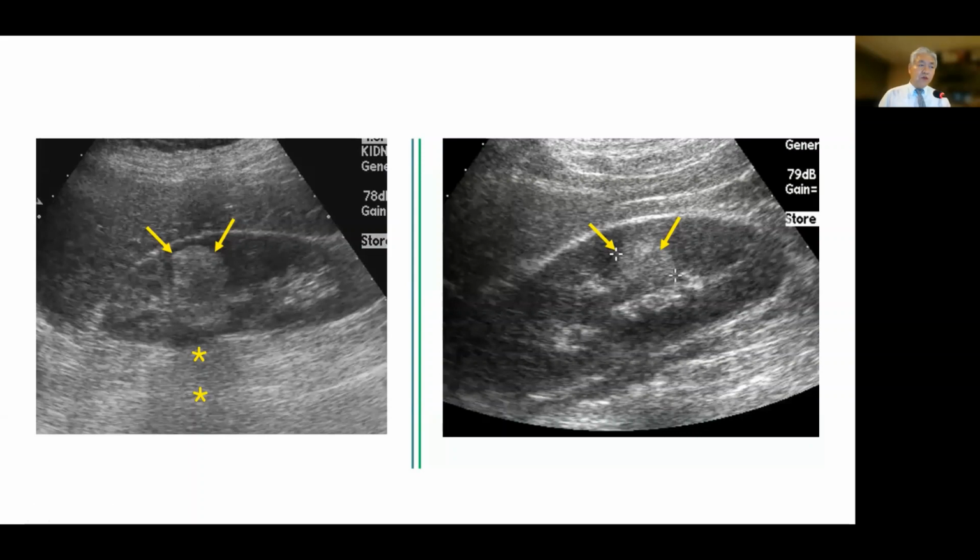Here's another example showing different ultrasound features of angiomyolipoma and renal cell carcinoma. Two different renal masses of similar size and similar hyperechogenicity, but the difference is this left-sided mass shows strong posterior sonic attenuation. This left-sided mass is an angiomyolipoma, and this right-sided mass is a renal cell carcinoma.